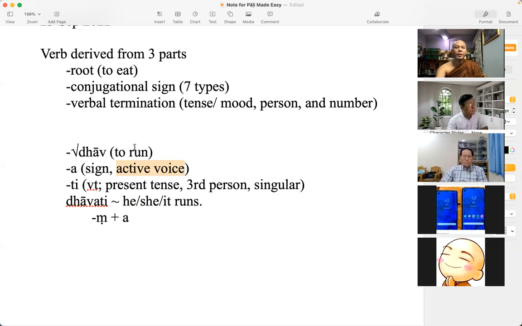Okay, let me repeat. In Pali, the verb is derived from three parts. One is the root, and then the second is the sign or conjugation sign, and then the verbal termination. So the root has only the infinitive meaning. And the sign, let me say, denotes just the active.